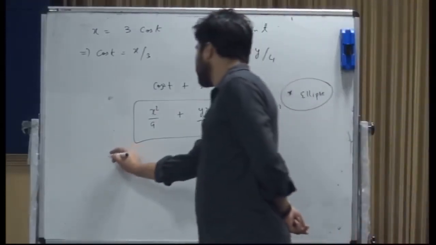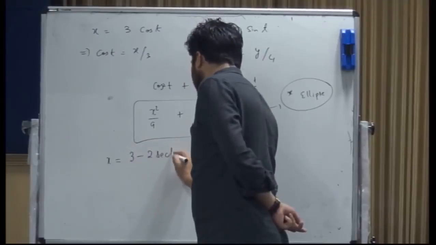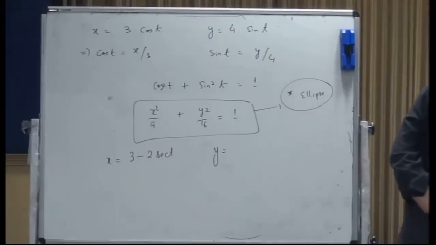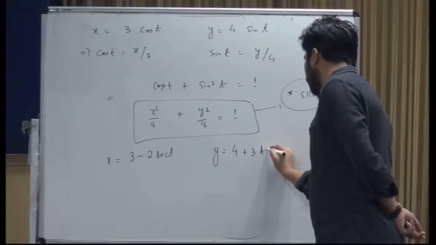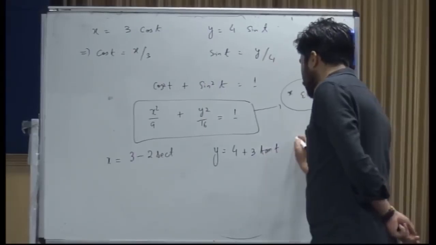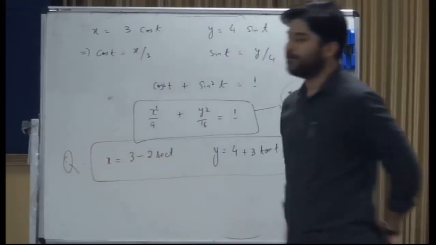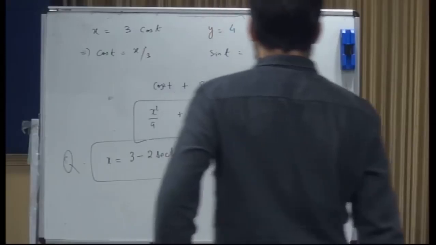Let's say x is 3 minus 2 sec t and y is 4 plus 3 tan t. Now this question, what is the parameter here? T. Just eliminate it. Eliminate the parameter.